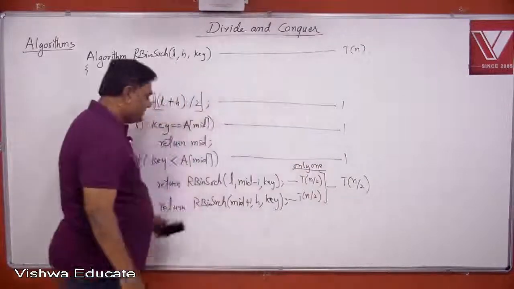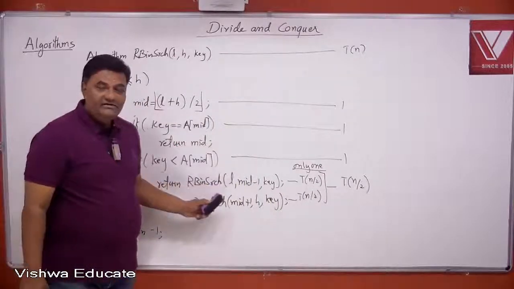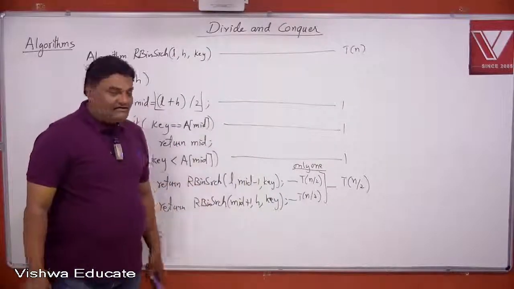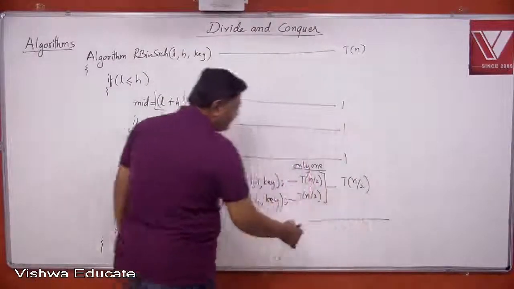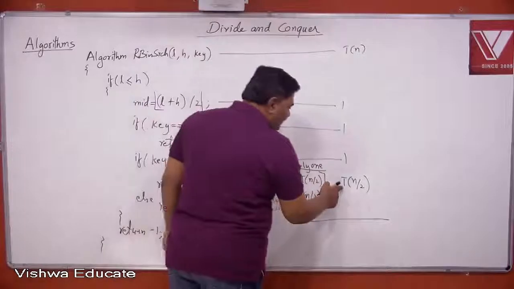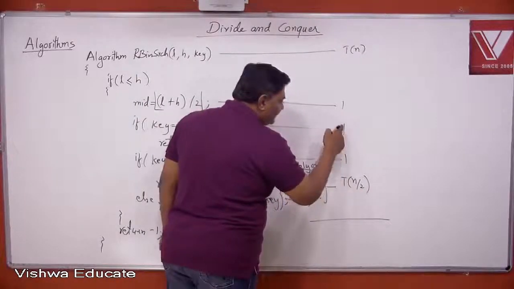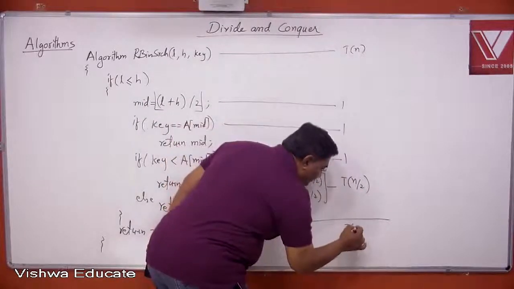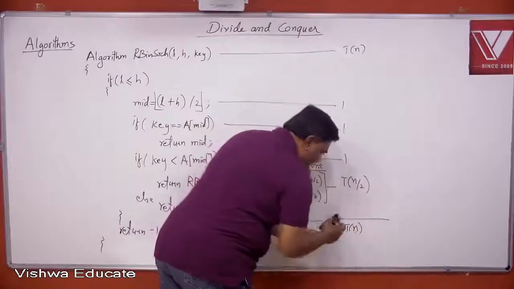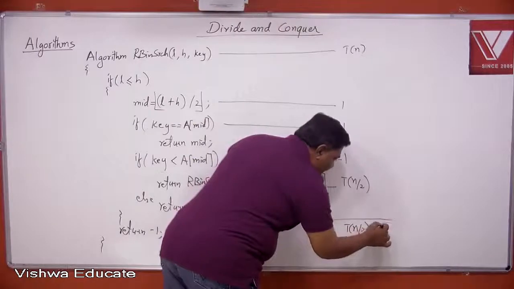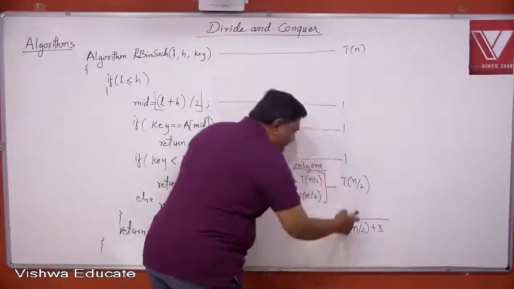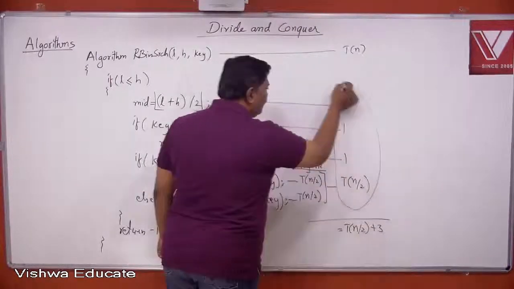It will go either on the left hand side or the right hand side. Then what is the total time taken? T(n/2) plus 1, 2, 3. So T(n/2) plus 3. This is the time of the entire algorithm.